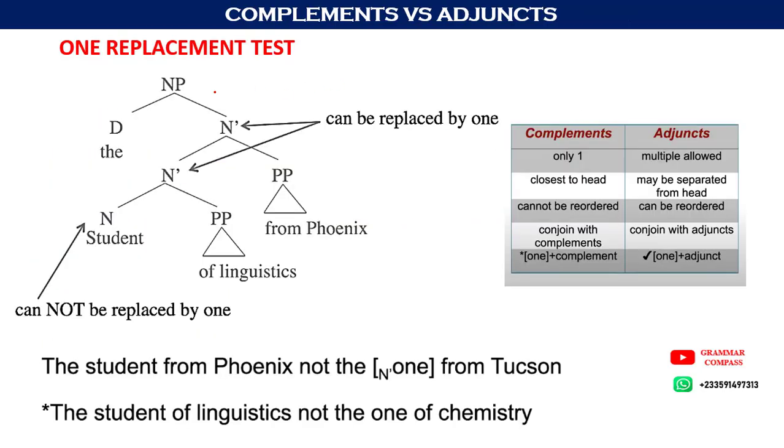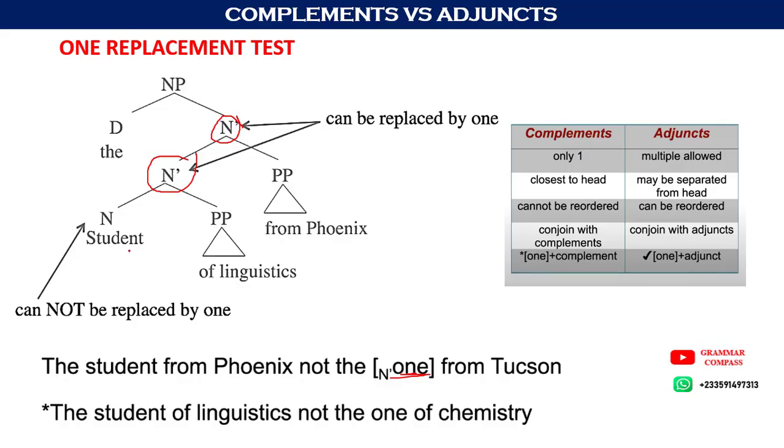Now, we can use the one replacement test to see which constituent is an adjunct and which constituent is the complement. How do we do that? So let us target the N-bar over here. Now this N-bar can be replaced with "one". How? You can say the one from Phoenix.